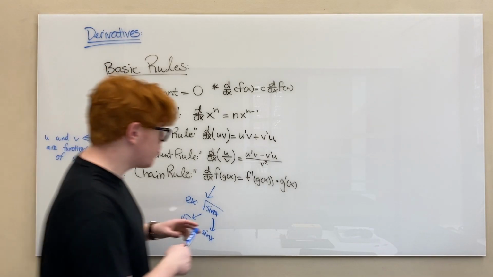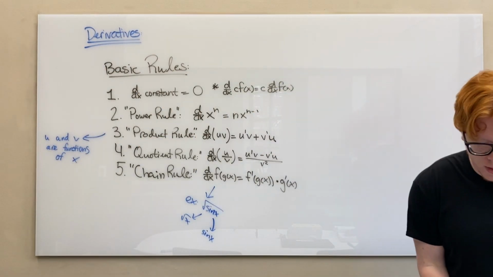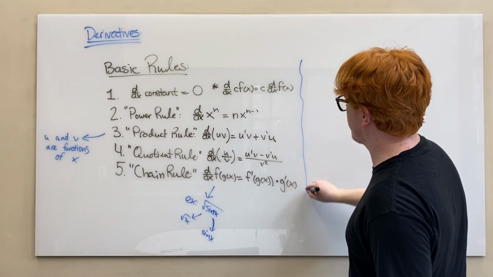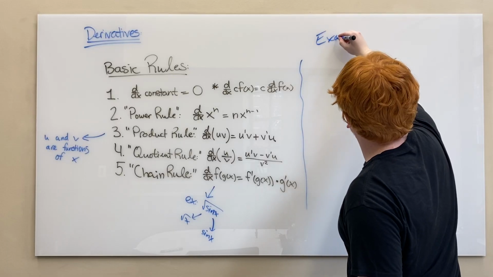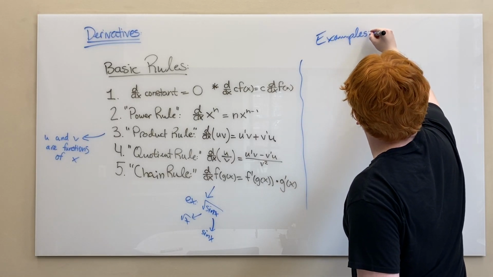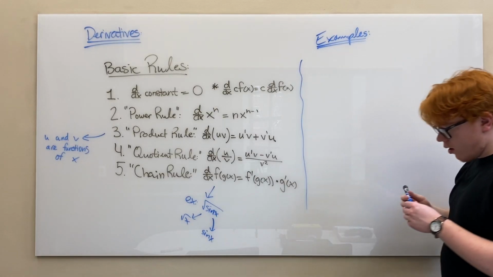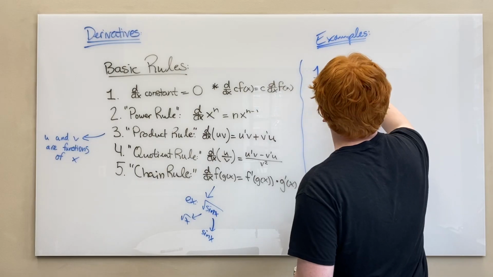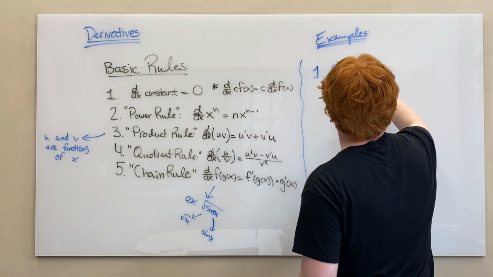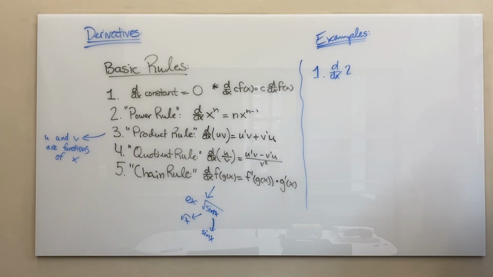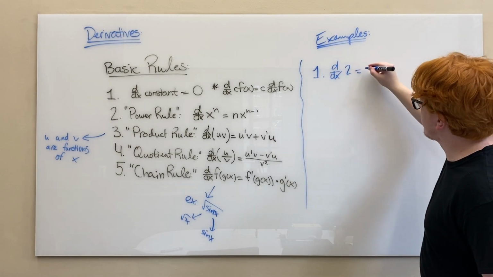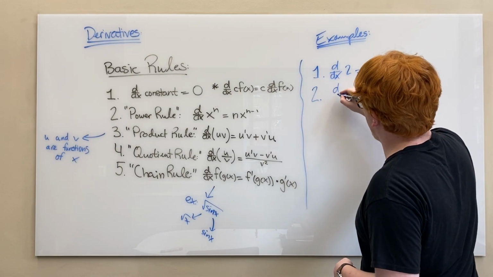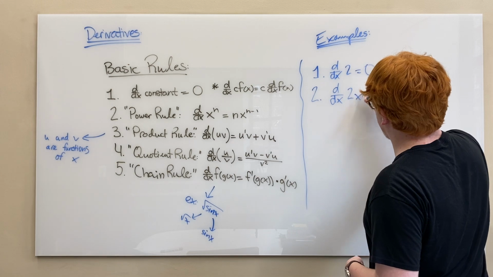Okay, so with these rules out, we're going to push these chairs in, give myself some space, and go over some examples. All right, let's go over example 1. We'll say d dx of 2. Using rule number 1, the answer to this is simply 0. Now d dx of 2x.